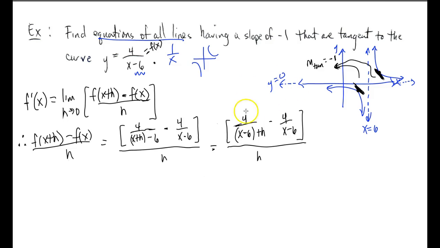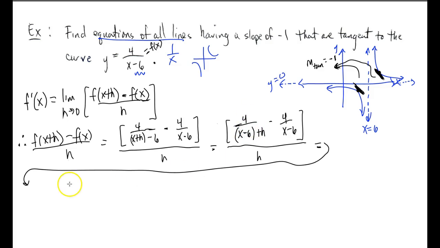If we want to form our numerator into one quotient, we need to make equivalent fractions. For the first fraction, we multiply the numerator and denominator by x minus 6. For the next one, we need to multiply by x minus 6 plus h.